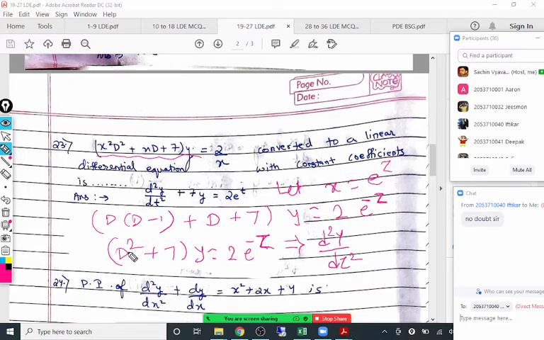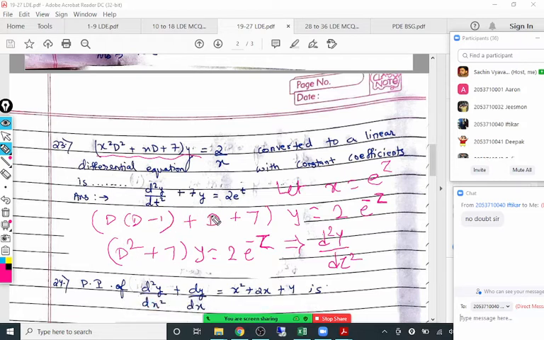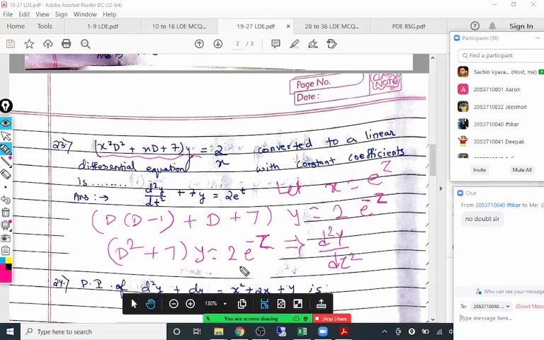So this D is a new, transformed D, different from the original D. Some authors use D dash, which is also okay if you are confused by the notation. So this capital D is d2y by dz square, plus 7y is equal to 2 into e raised to minus z. So that is the answer.